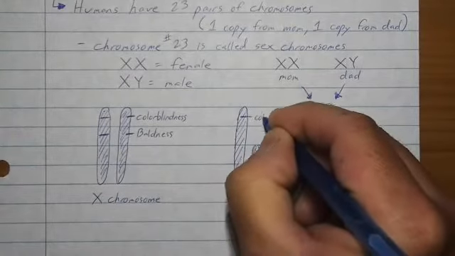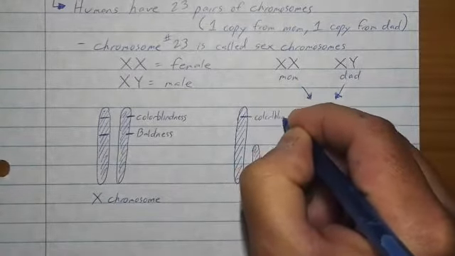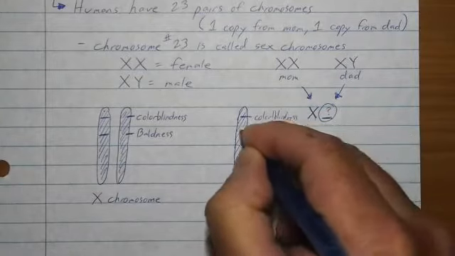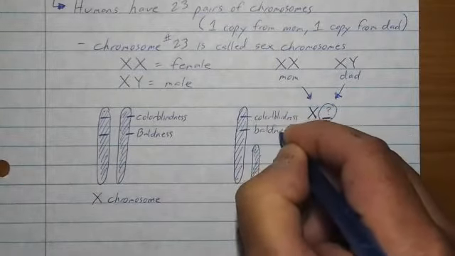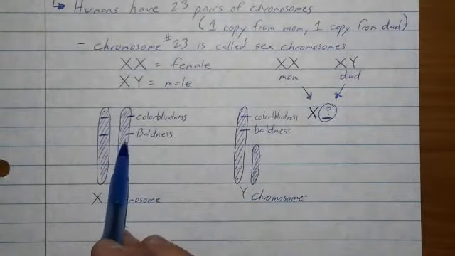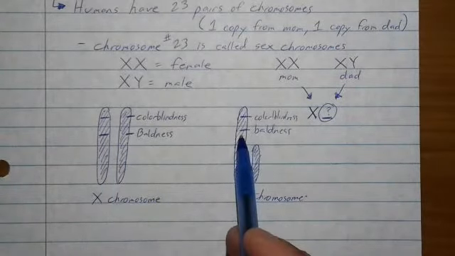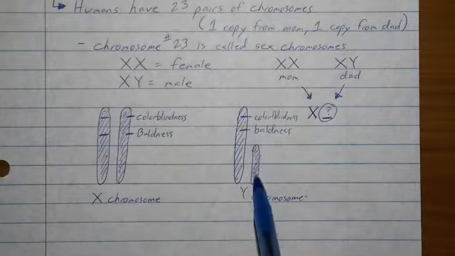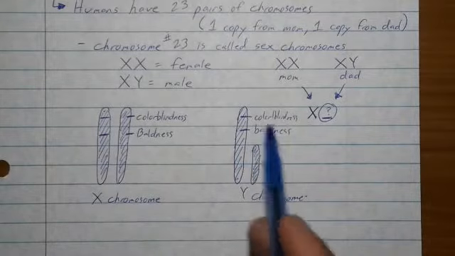I would have 1 for color blindness, and I'd have 1 for baldness. So hopefully I got a good one, because I only got 1. Mom has 2, or females have 2. The males only have 1 copy because the Y chromosome is so short, it's missing all that DNA.